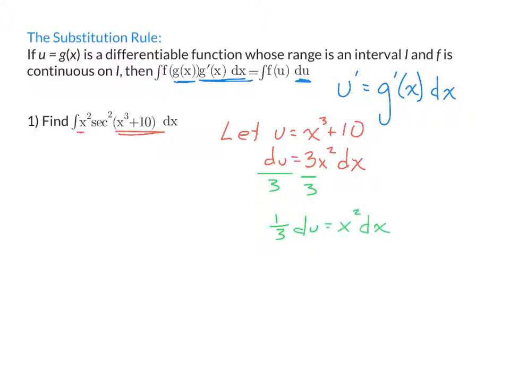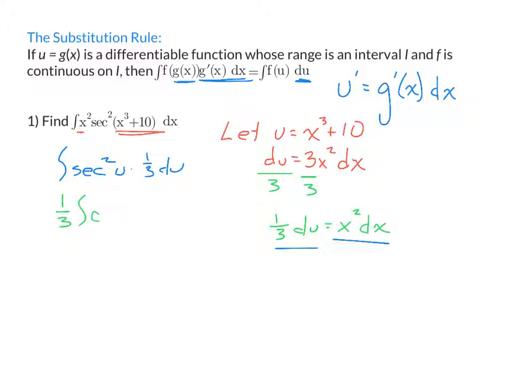Going through my integration, instead of secant squared of x cubed plus 10, we'll do secant squared of u. And then instead of x squared dx, that's the same as 1/3 du. When I integrate, that 1/3 is capable of just sliding out front.